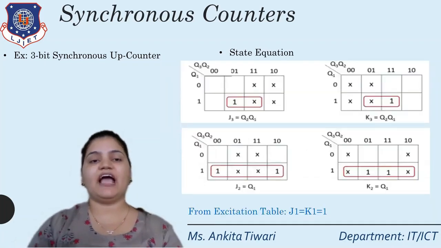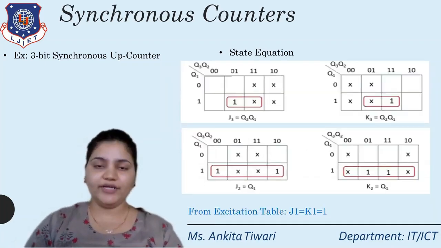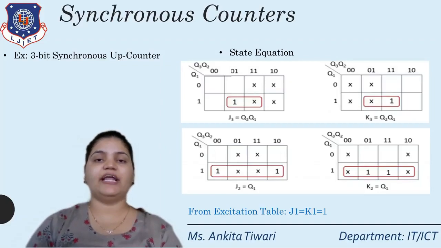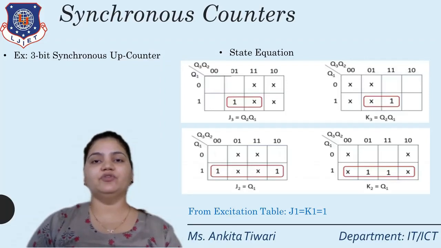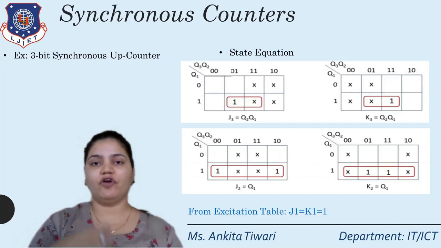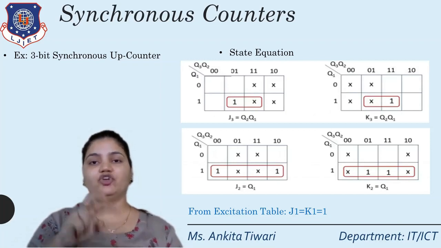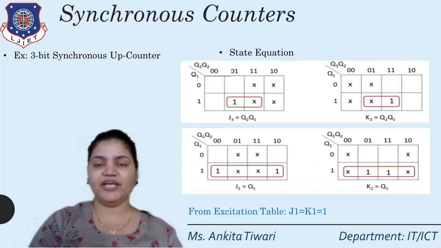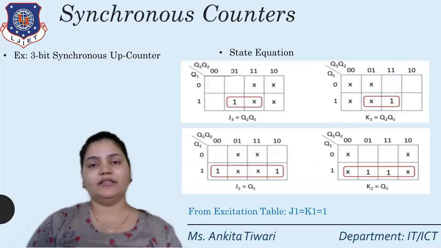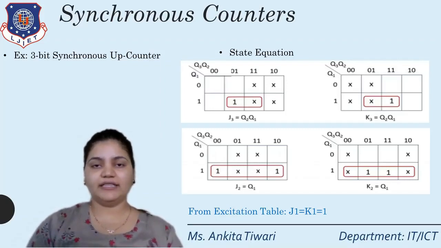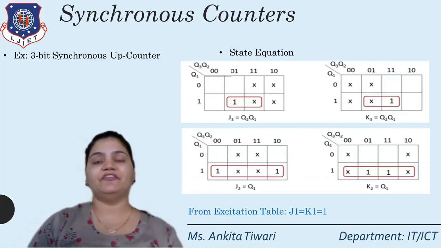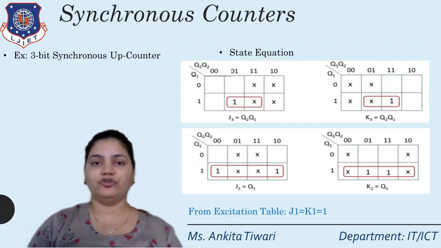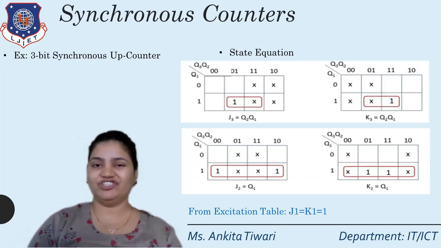After the state table, we have the state equation. We already know how we derive the equation with the help of a K-map. We will use it for each and every bit. For Q3 we will require 2 K-maps, one for J and one for K. The same thing will be repeated for Q2 and for Q1. So Q1, Q2, Q3 will have 6 K-maps in order to reduce the equation with JK values.